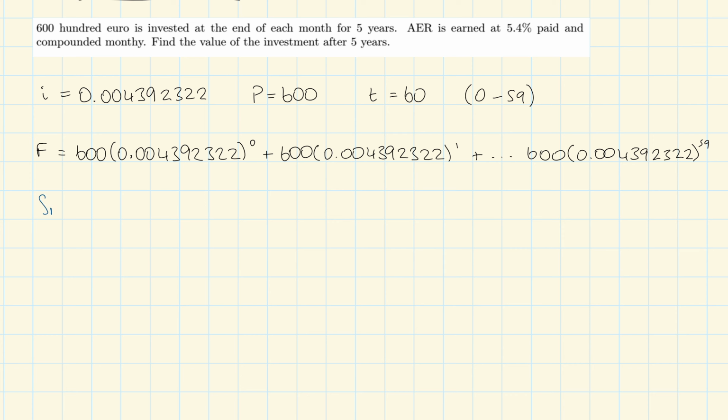So again, sum to n formula. So it's a times 1 minus r to the power of n all over 1 minus r. Now I know all of this just tidies up to 600 because anything to the power of 0 is 1. 600 by 1 will give you 600. So a is equal to 600. Just to make it a little bit neater to sub into my formula, sorry, this will have been 1 plus r.